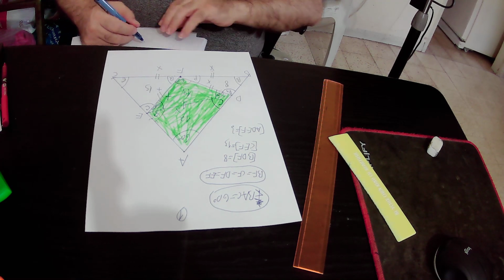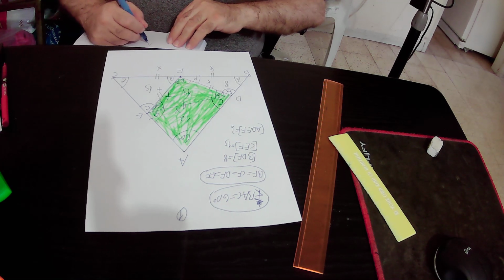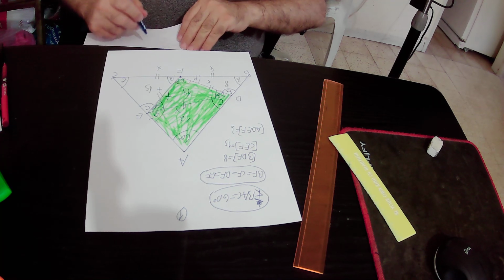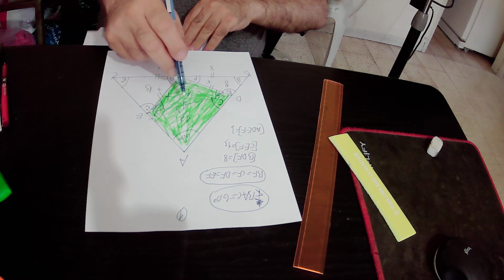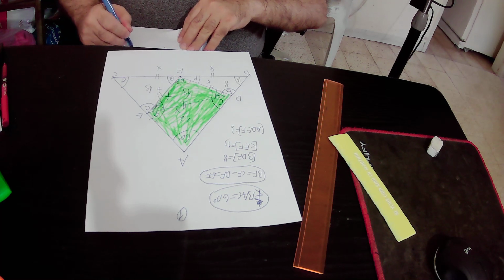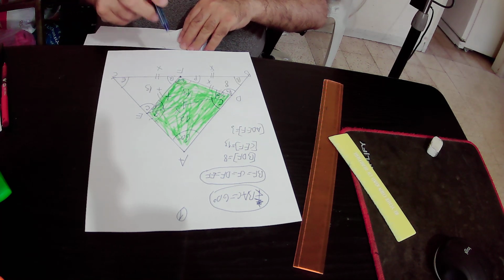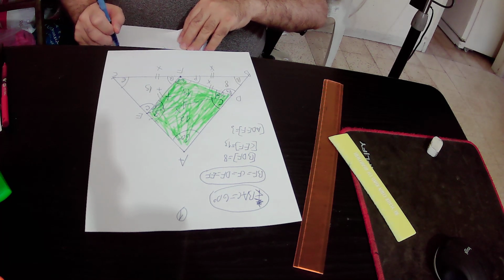Again, the area of the quadrilateral ADFE equals the area of triangle ADE, that is 12 square units, plus the area of the equilateral triangle DFE, that is 13 square units. So 12 plus 13 is 25.